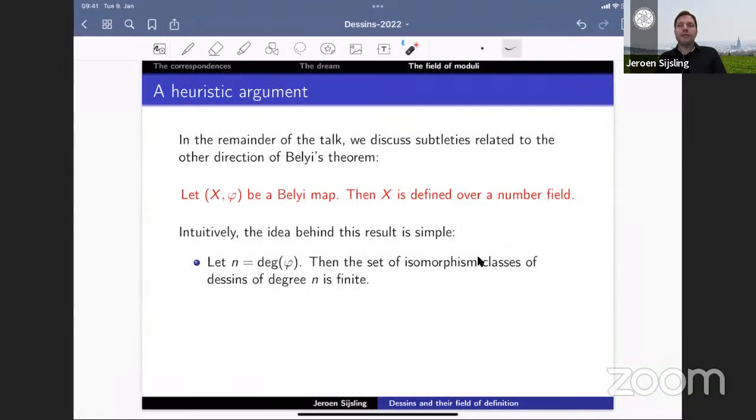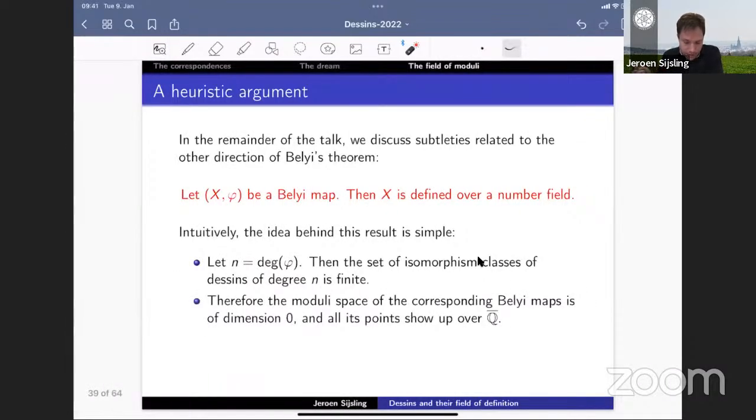If you just walk up to an algebraic geometer in the street, so to say, this is what they would say. If you look at the degree of your phi, so the degree of the Belyi map, the number of edges, then the set of isomorphism classes of dessins with that number of edges is finite. For example, because it's just something with permutations, it's a finite set. So the set of Belyi maps with that property is also finite.